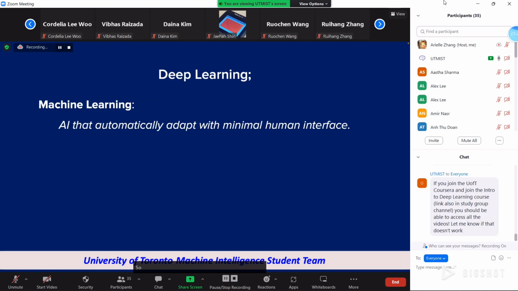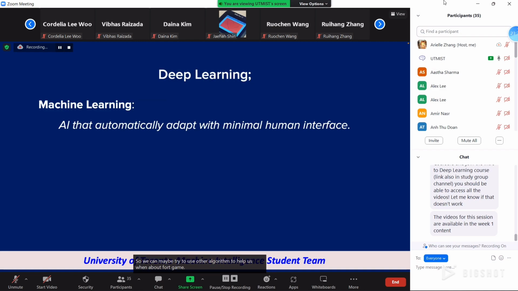So we can maybe try to use another algorithm to help us win the game, such as minimax and stuff. But that's you trying new algorithms to improve the performance of your tic-tac-toe bot.